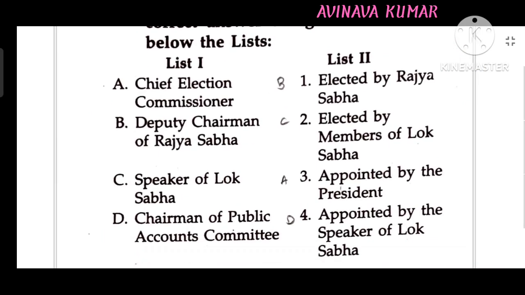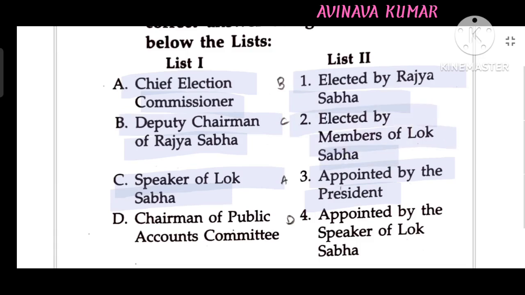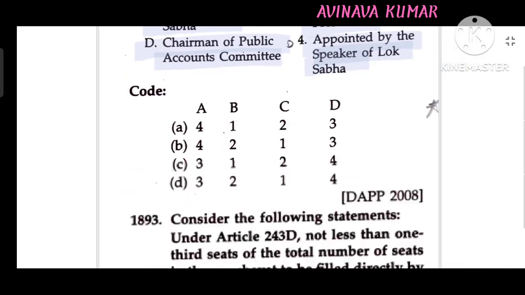Match the following. Chief Election Commissioner appointed by the President. Deputy Chairman of Rajya Sabha elected by the Rajya Sabha. Speaker of the Lok Sabha elected by the members of Lok Sabha. Chairman of Public Accounts Committee appointed by the Speaker of Lok Sabha.